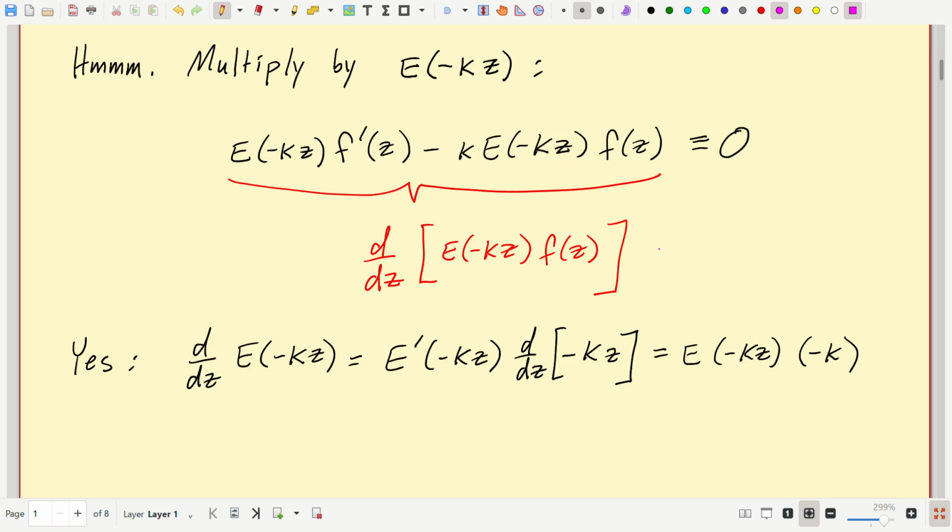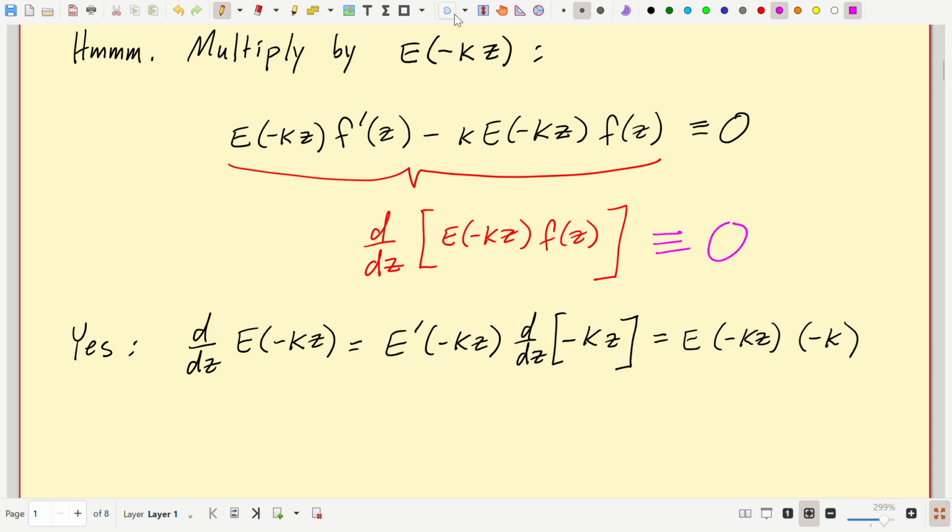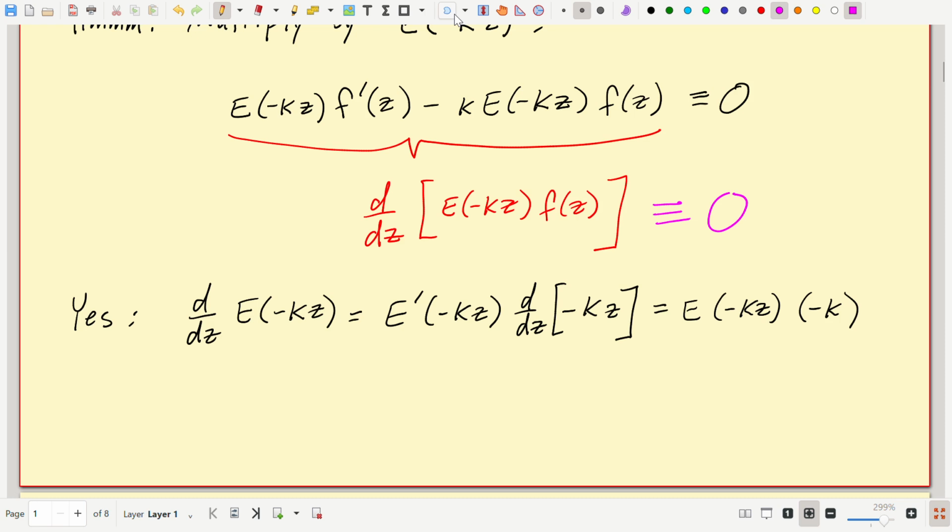So this derivative is identically 0. That means, remember the thing I proved last time, that if the derivative of a function is 0, it's constant. So we conclude that e to the minus kz times f of z is a constant.